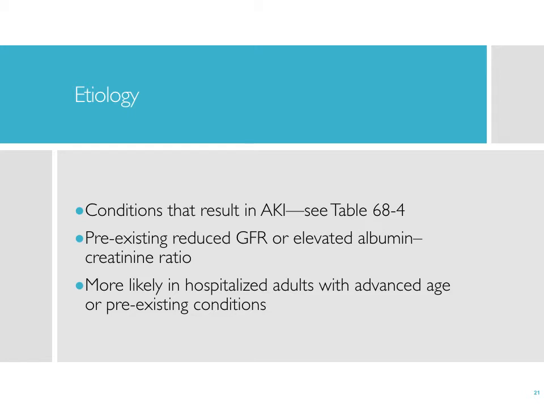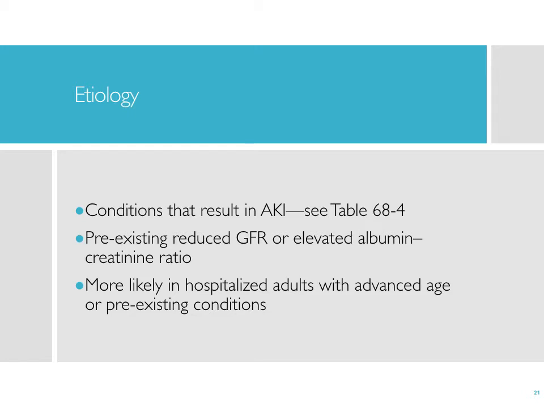And the diseases in Table 68.3 are described in other places in the textbook as far as how the damage to the kidney takes place. Pre-existing reduced GFR or elevated albumin-creatinine ratio: anyone who has that prior to hospitalization is at increased risk for developing acute kidney injury.